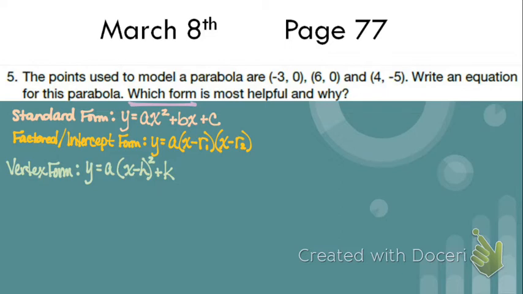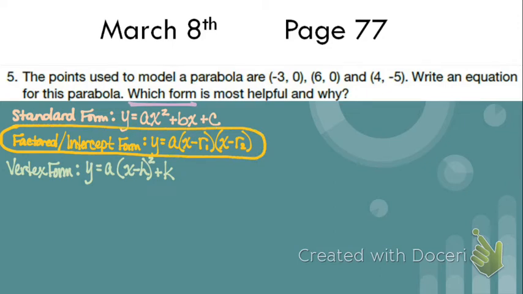Oh wait, you need a parabola, so you do standard. All three of these make parabolas. All right, I've heard a suggestion of intercept form, factored form. And I like that suggestion.